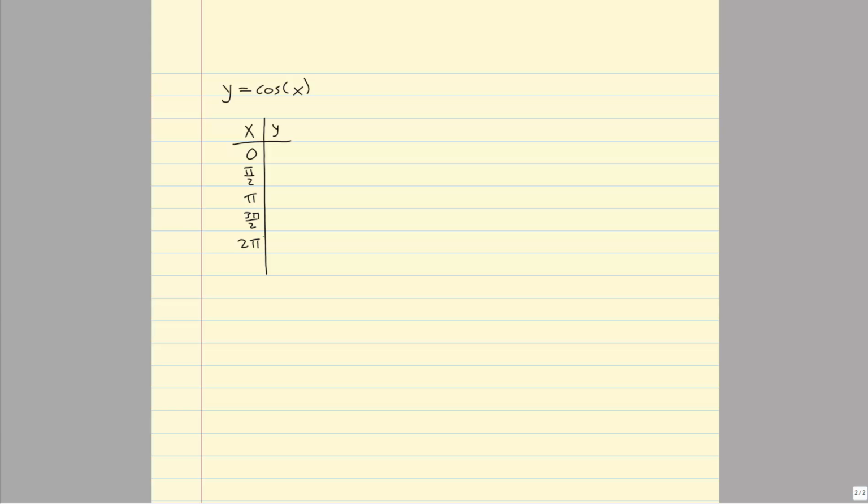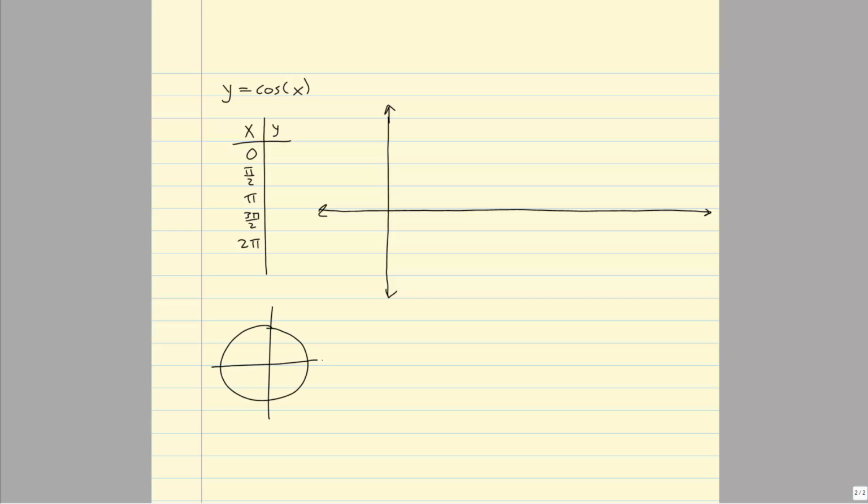Let's go ahead and put in that unit circle. I think we had a unit circle when we graphed the sine graph as well, to help us out with this. So if we look at the unit circle, I just want to look at the x values. So here we're at 0 radians, pi over 2, pi, 3 pi over 2, and 2 pi.